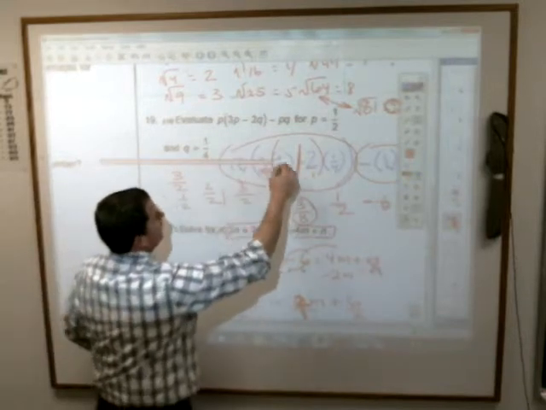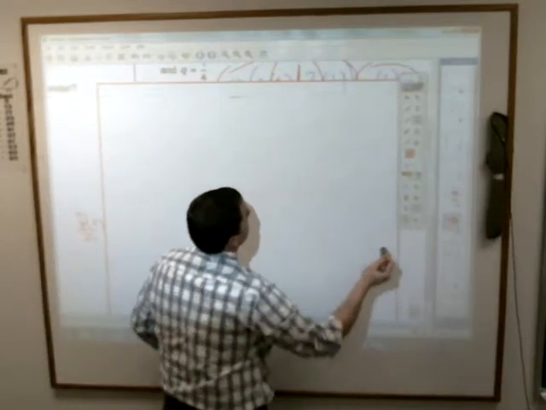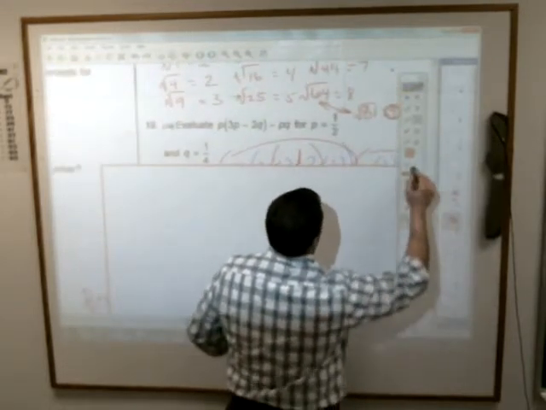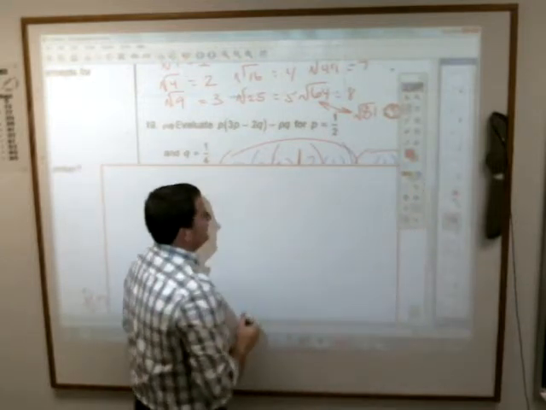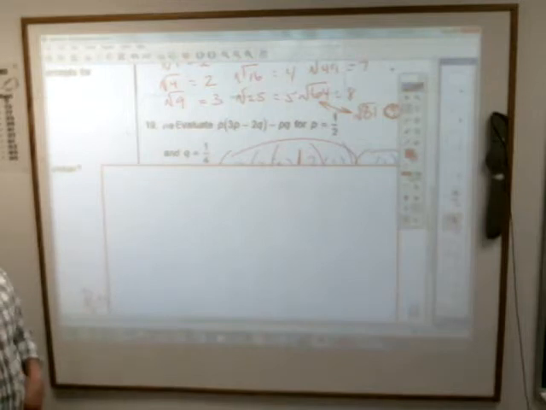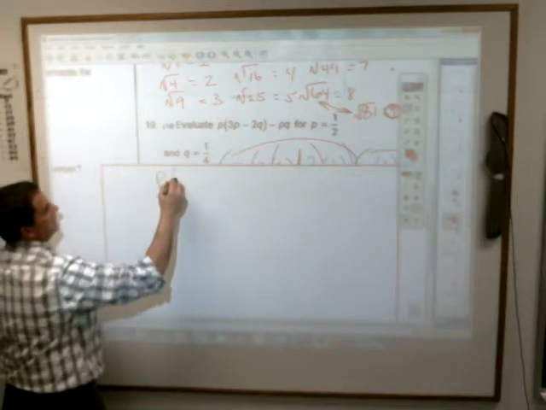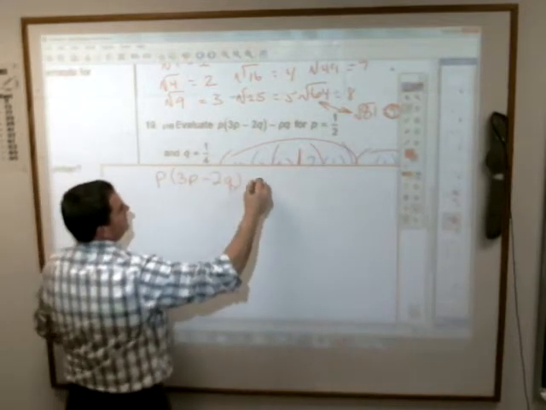When confusion strikes, the best thing to do is do it big. Because what happens, Jackson, and I don't want to speak negatively of you, but when it comes to neatness and accuracy, sometimes we're a little lax. So let me write this out here. p, 3p minus 2q minus pq.